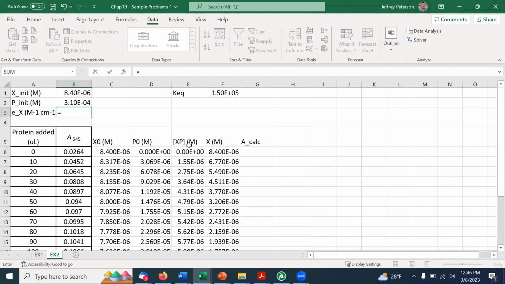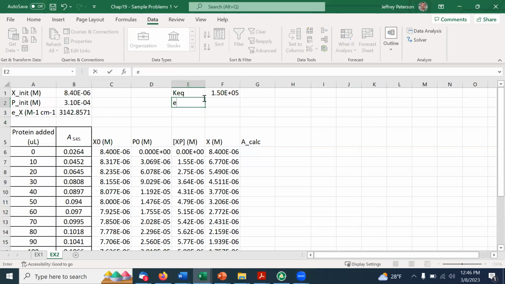So I can calculate the extinction coefficient of the ligand by taking its absorbance, 0.0264, and dividing it by its concentration, 8.4 e to the minus 6. That's 3143, to 4 sig figs, 3143 per molar.